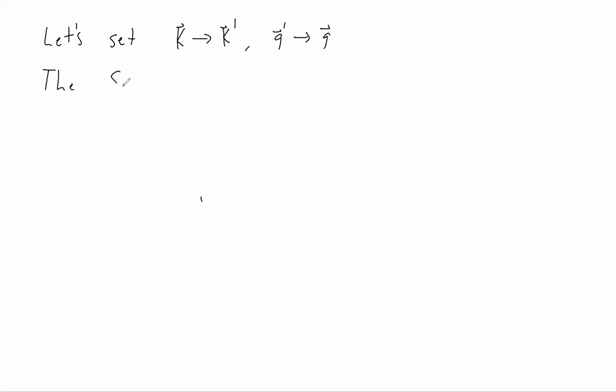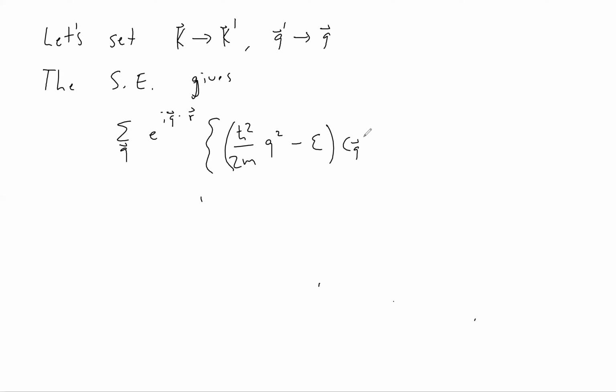And when we combine that with our expression for the kinetic energy, the Schrodinger equation gives the sum on q of e^{i q·r} times (h bar squared over 2m q squared, minus E, the eigenvalue we're trying to find) times the Fourier coefficient of the wave function c_q, plus the sum on K prime u_{K'} c_{q minus K'}, the whole equals 0.